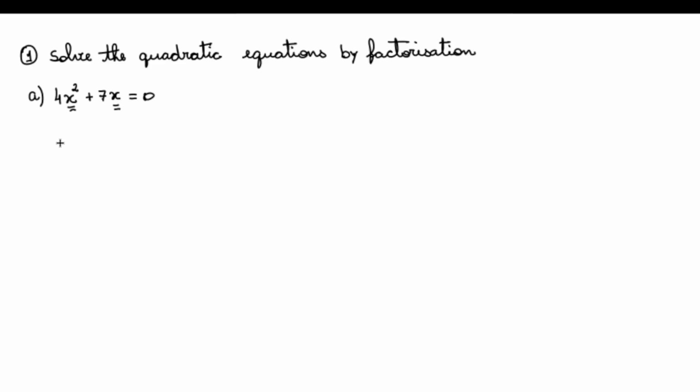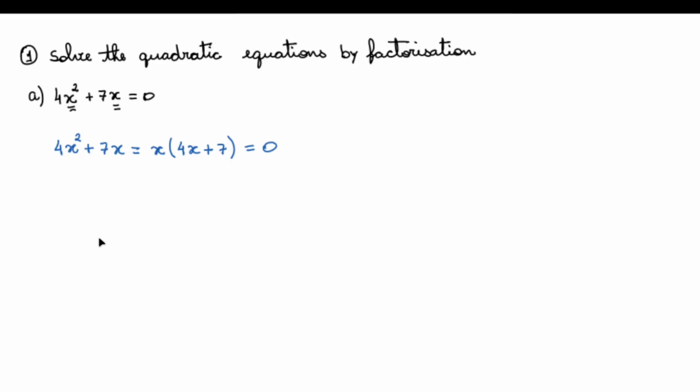So we factor out the common factor x from the equation 4x² plus 7x equals 0, and now divide each term of the equation by x. 4x² divided by x is equal to 4x, and 7x divided by x is equal to 7. This gives us the factored form of the equation 4x² plus 7x equals 0.